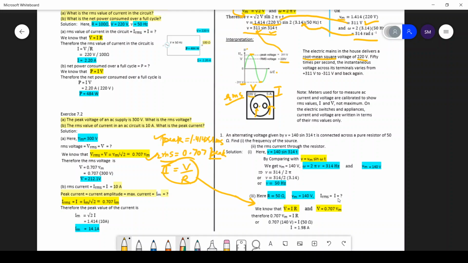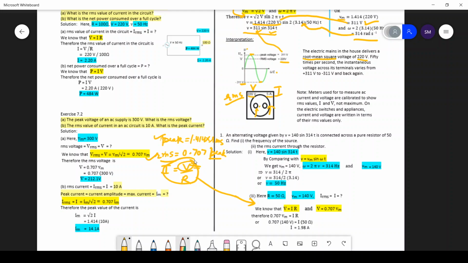We have to find out I RMS. We don't know the RMS voltage, but we know the peak voltage.